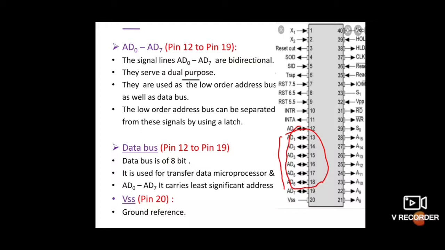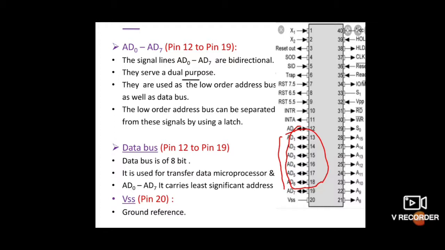First, remember this: in the 8085 microprocessor, 16 bit is the address bus and 8 bit is the data bus. But in the 16 bit address bus, the lower order addresses are used for the data bus.